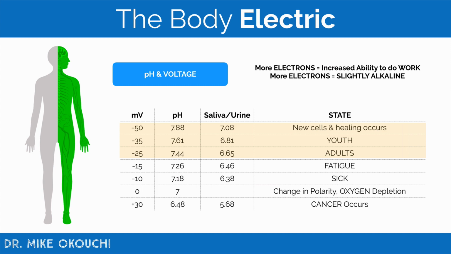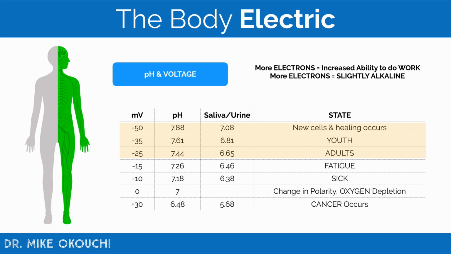Okay? So, how does all this play in? Am I just making all this stuff up? Well, no. There was a guy, his name was Dr. Robert Becker, and what he did was he studied salamanders, and how salamanders were able to regrow their limbs. Right? Anybody familiar with salamanders? If they get one of their limbs cut off, they're able to regrow it.